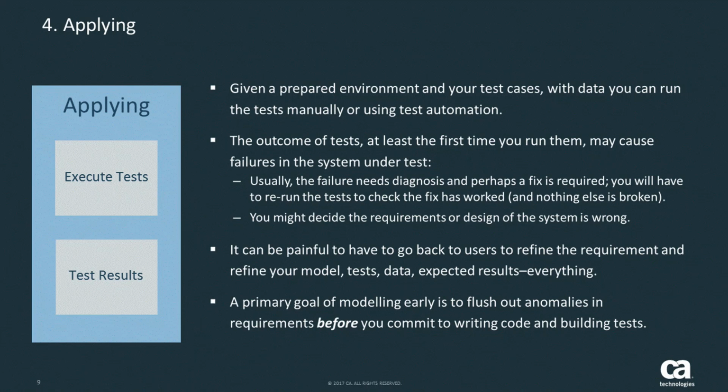At any rate, the primary goal of modeling early in projects, whether in an agile team or in a waterfall or structured environment, is to flush out anomalies in requirements before you commit to writing code and building tests. So I really just want to remind you that the true value of modeling is to do the modeling in parallel with the thinking about requirements and design.